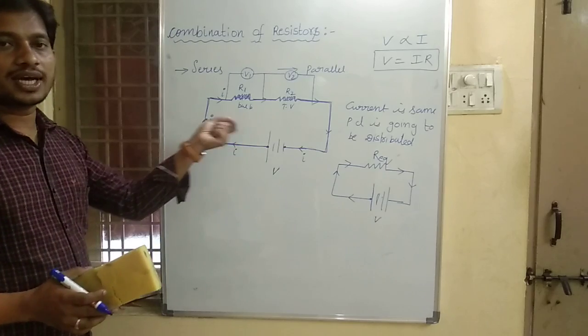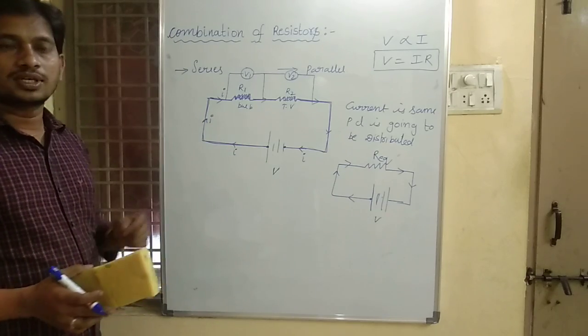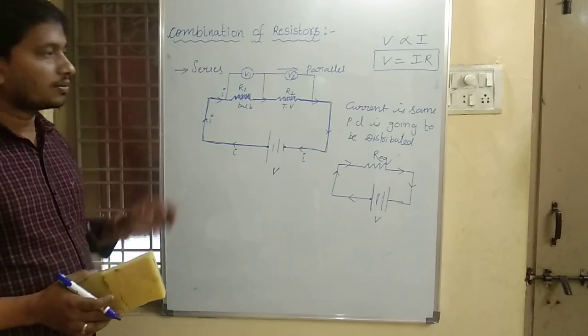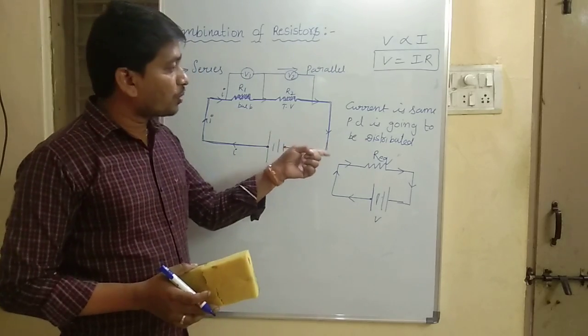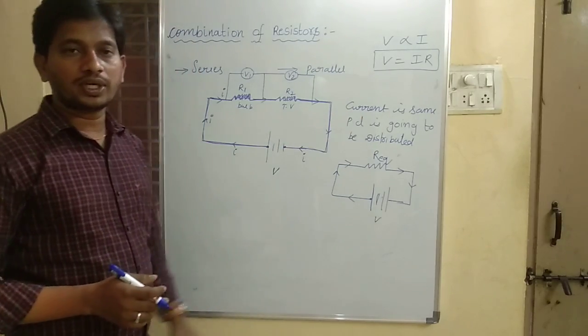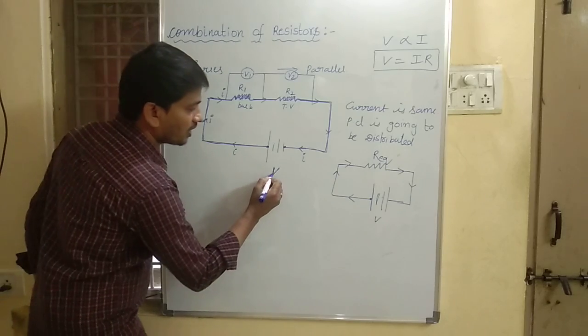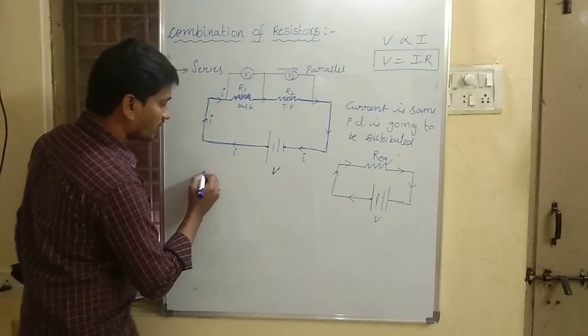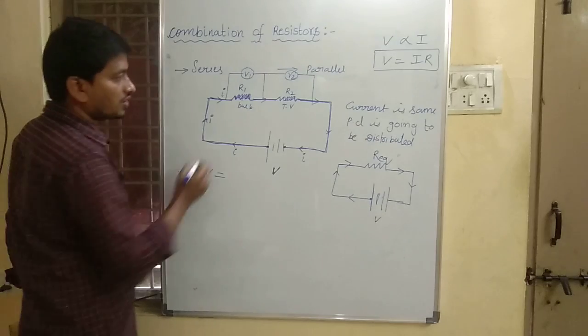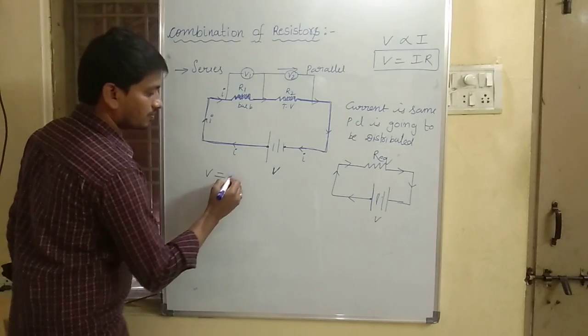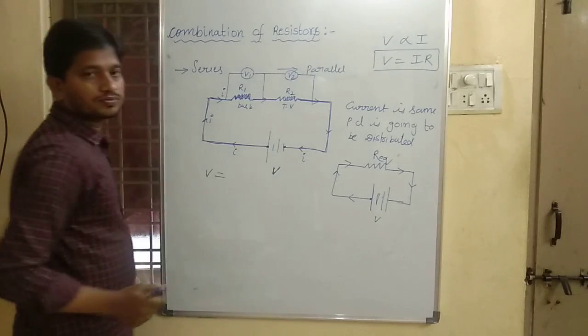In series connection, the same amount of current flows, but potential difference is distributed. This potential difference V is distributed to resistor R1 and resistor R2.